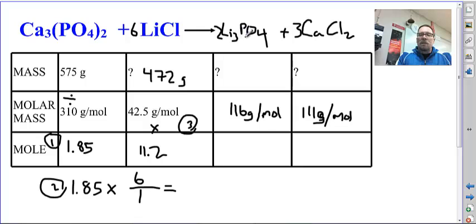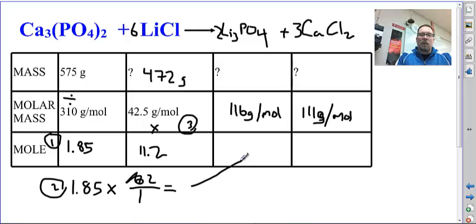Now I can do the same steps with this one, the lithium phosphate. How much is going to be produced? Well, I've already got my balanced equation. I've already done step 1. I know it's 1.85, but now the ratio is 1.85 times 2 over 1. So for this problem, it's going to be 1.85 times 2 over 1.